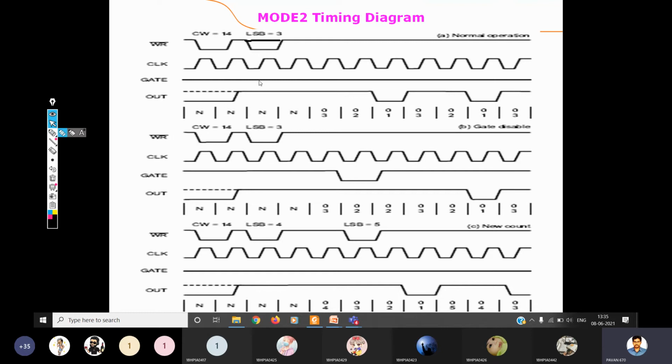So let us say initially the gate signal is continuously on, and if some value is tried to be loaded into the counter register, that value will be loaded here. After loading that value, from the next negative edge of the cycle, this counting starts. Okay, up to how far?